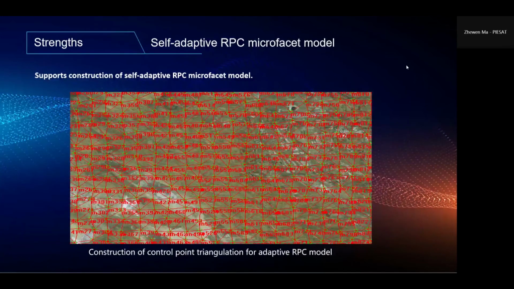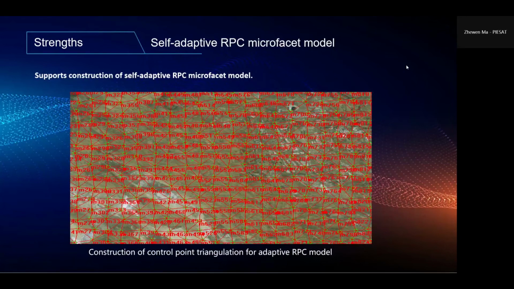For example, the parameter models from some certain satellites where you don't have a very strict RPC model as a reference, and on the other hand, also some unevenness of the geometric accuracy inside the data. All of those can create a lot of difficulties when you are performing the traditional RPC model correction.